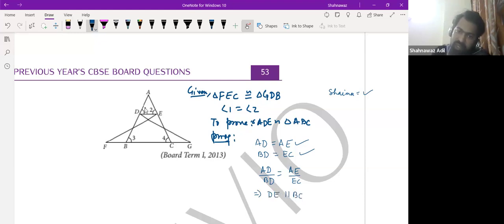Then what will you get? Then angle 1 would be equal to angle 3, angle 2 equal to angle 4. So by AA, you get the answer. Right. So this is what you got, right?